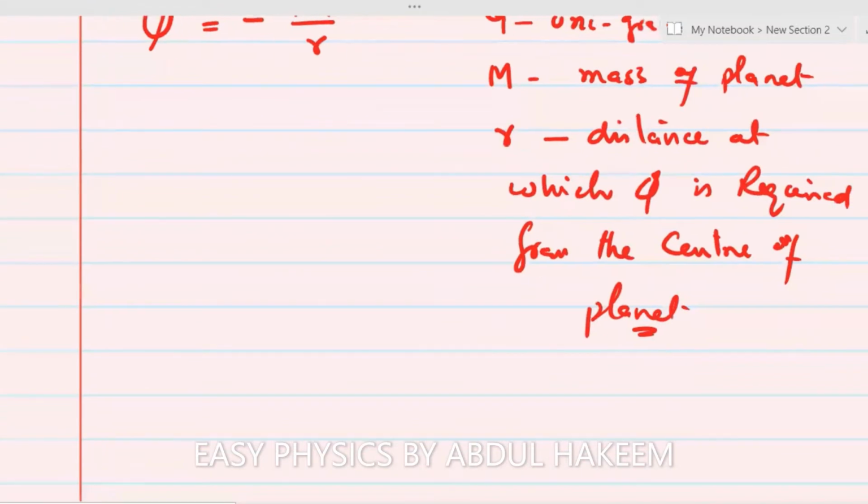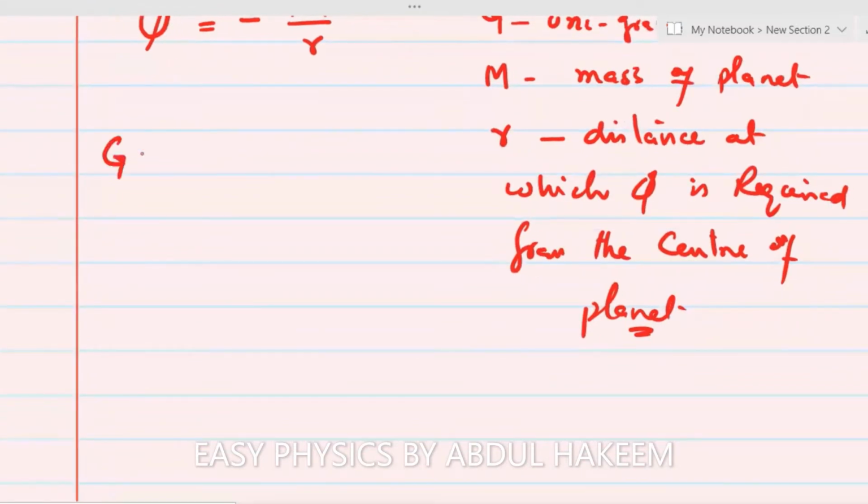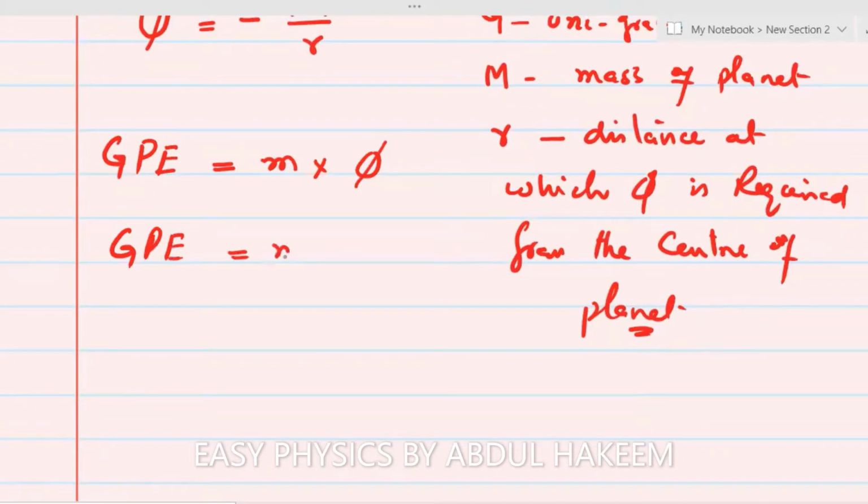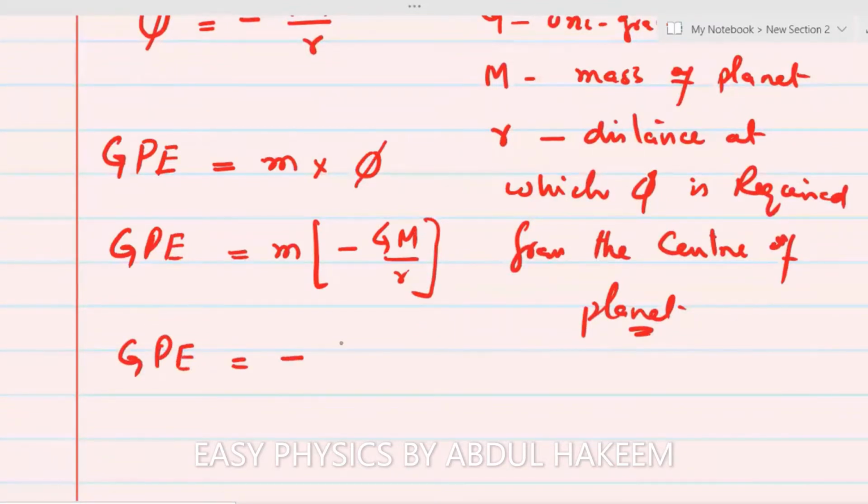Then from this gravitational potential, energy is equal to m times phi. So we can write gravitational potential energy as m times gravitational potential, minus GM over r. So gravitational potential energy is minus capital G, mass of the planet, mass of the object, divided by distance r from the center of the planet.